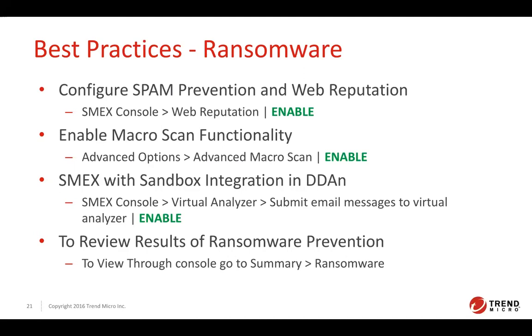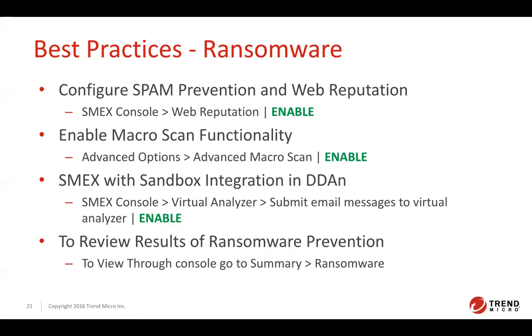Just in case there's any confusion at this point about web reputation, we're not talking about URL filtering. That's very different. URL filtering says you can't go to ESPN during business hours because you shouldn't be going to ESPN. Web reputation will say, oh, ESPN's website is okay, but the NBA page within ESPN's website has been infiltrated with malicious code, and we're not going to allow you to go there. It's now a bad URL, so to speak.